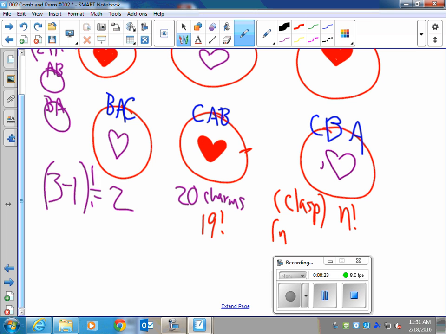If there's no clasp, it's going to be n minus 1 factorial. It's just a verbiage thing. The whole idea is if you have a continuance of possibilities on the ring, it's like having one less object because you can always move them together. And clasp means you can't swing them around.